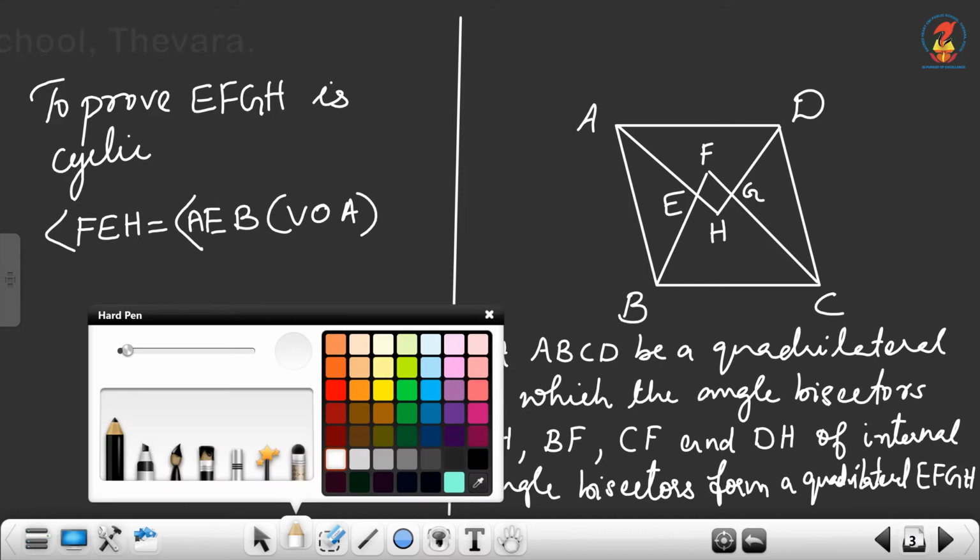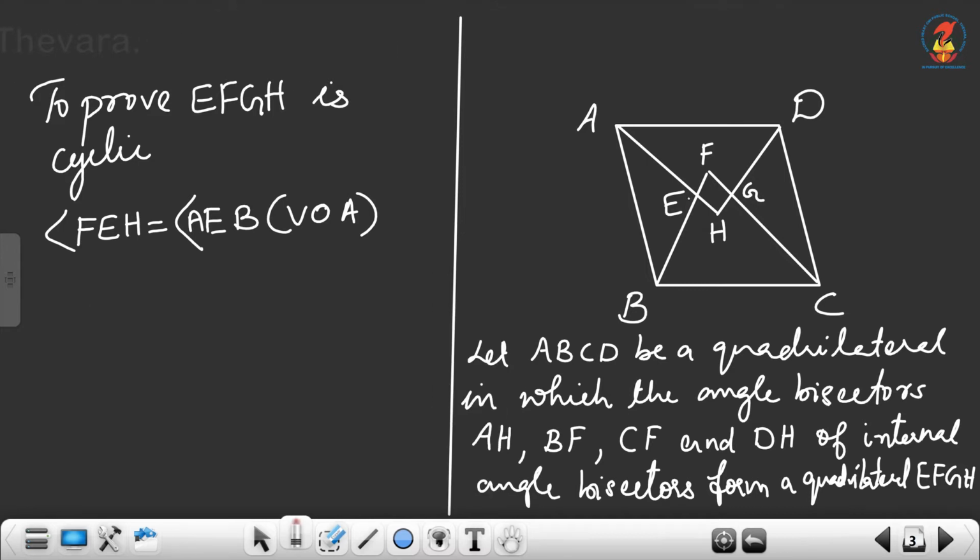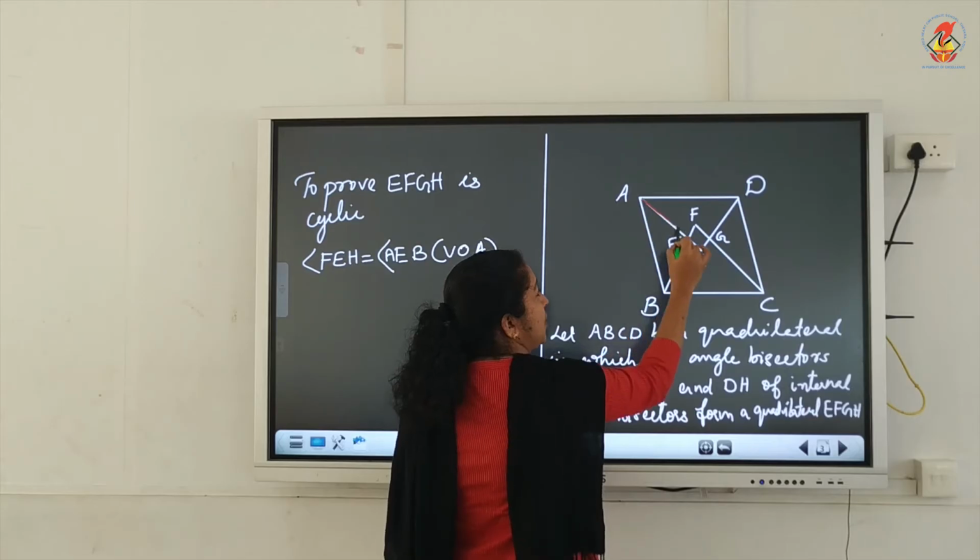So what I said is these two angles are equal using vertically opposite angles. So what about this angle actually? Consider this triangle ABE.